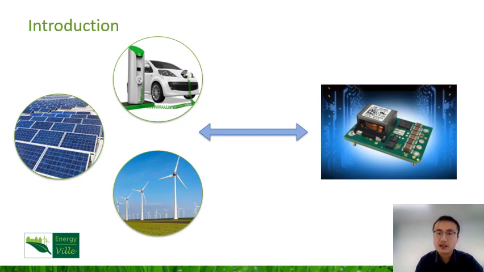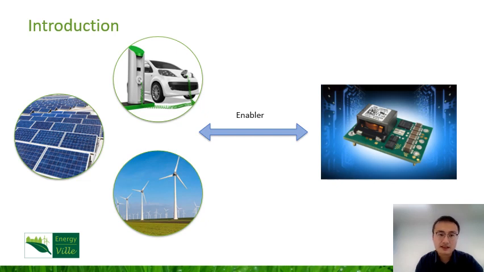For example, in electric cars, a power converter is needed for the battery charger. And in PV panels, the PV inverter is needed to transfer the DC power to AC power. As you can see, power converters are widely used in all kinds of new energy technologies. So we can see that the power converter is one of the enablers of new energy technology.